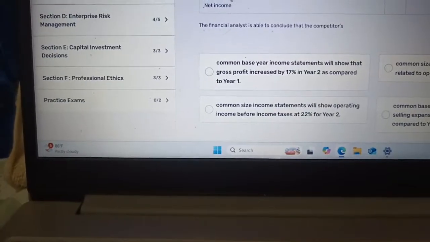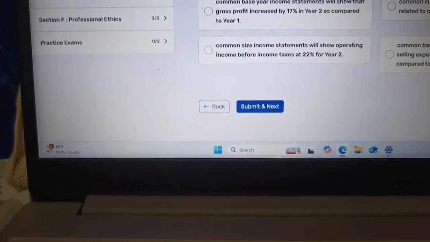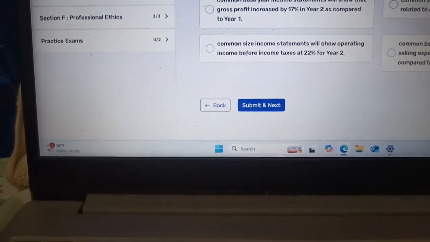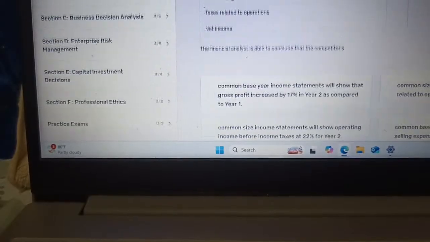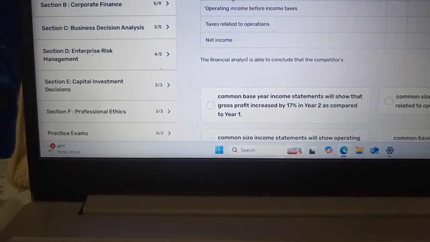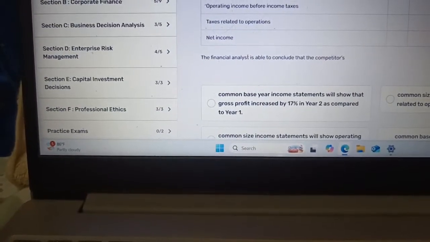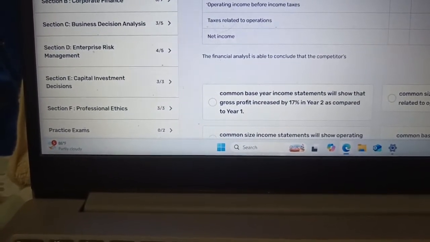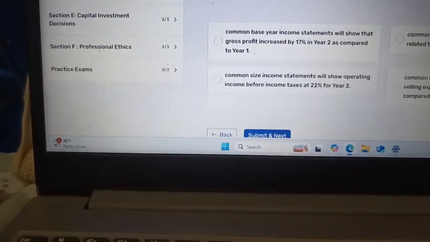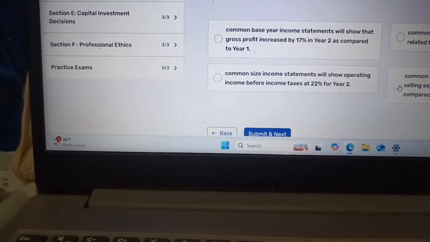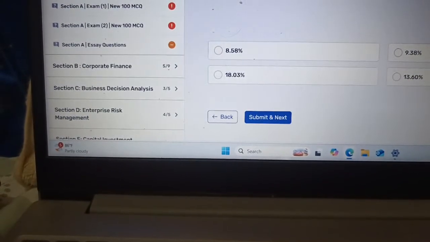This is also not correct. Selling expenses increased: let's see, 5,000 increase divided by 35,000 times 100%. This option is correct, right?